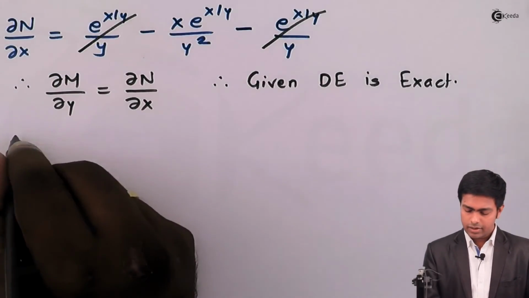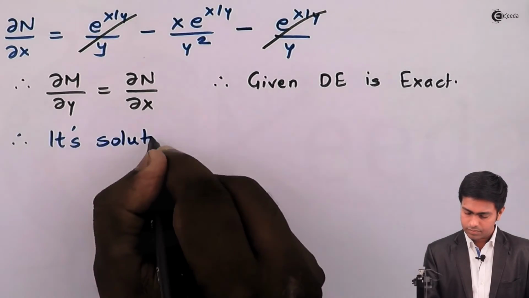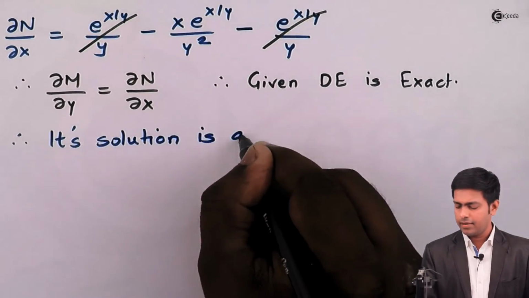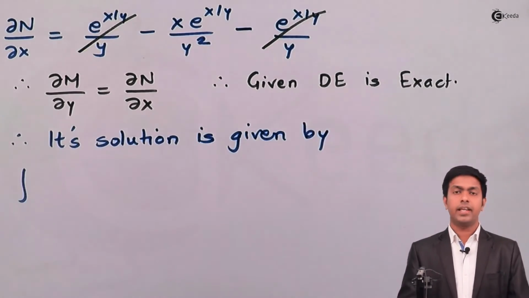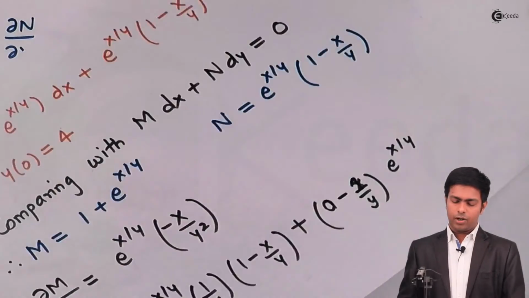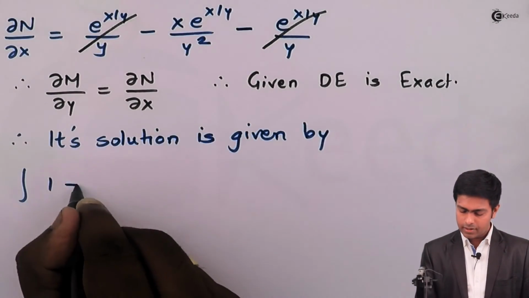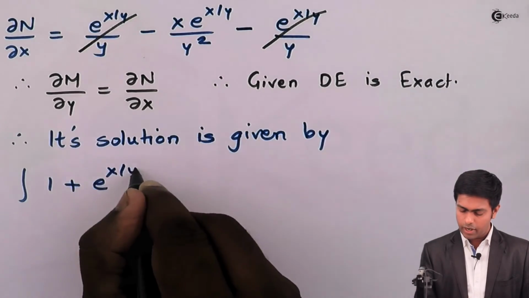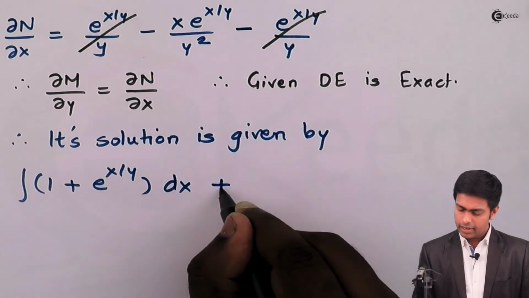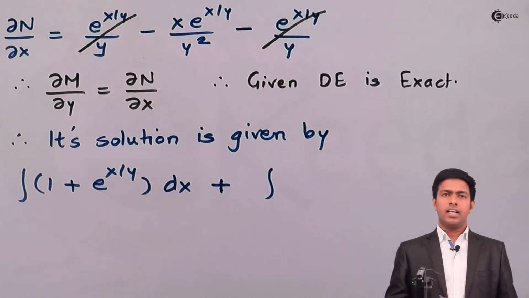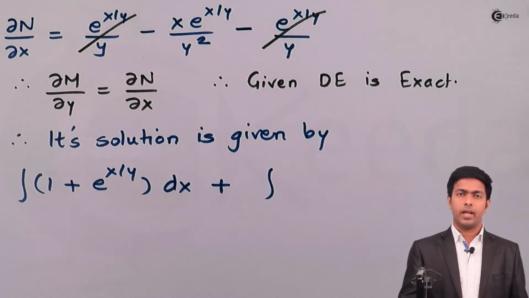Therefore its solution is given by integration m dx. The value of m is this, so it is 1 plus e raised to x upon y into dx, plus integration of n dy. Now in n we just have to consider the terms which are free from x.